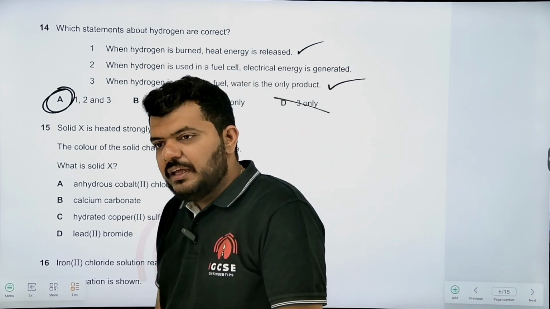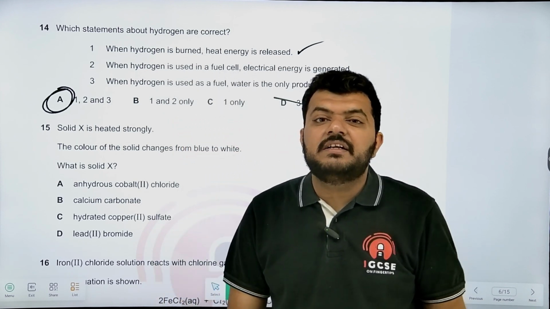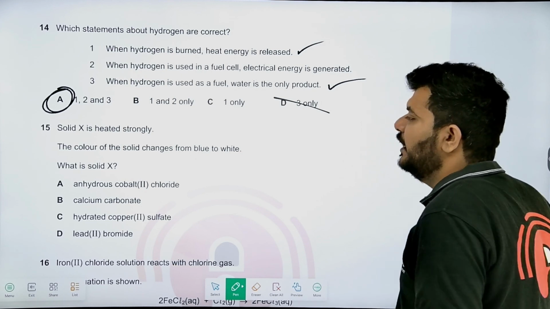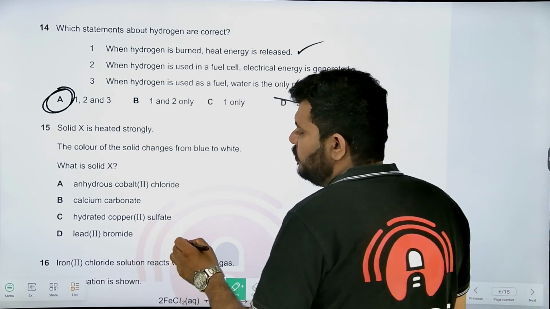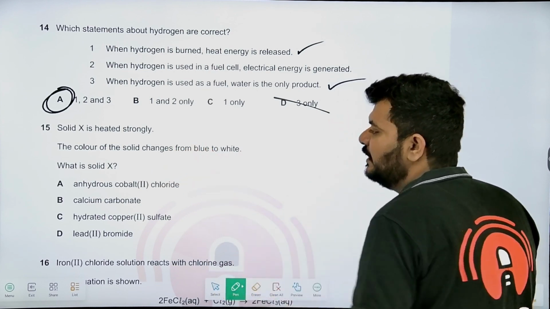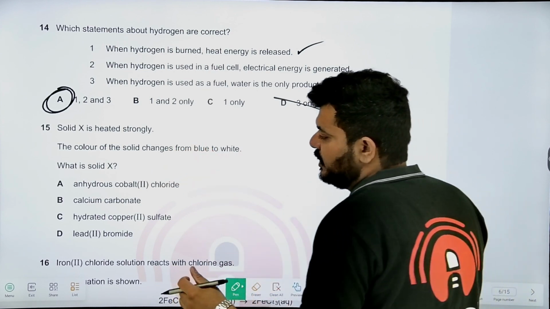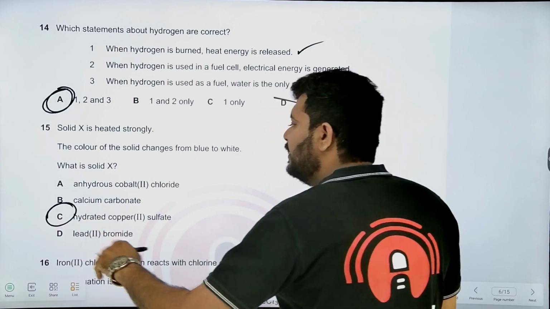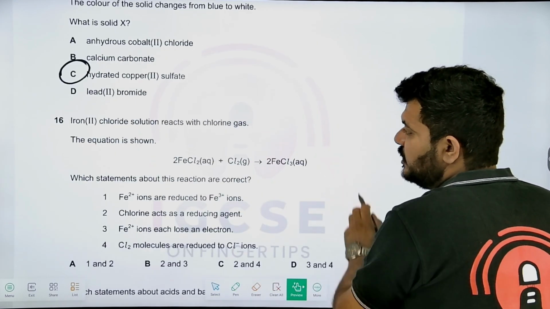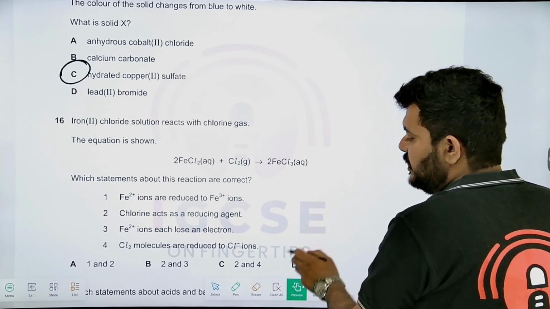Cobalt chloride is blue when anhydrous and pink when hydrated. So what would go from blue to white? It should be hydrated copper sulfate, right? Hydrated has blue color. Let's see question number 16.